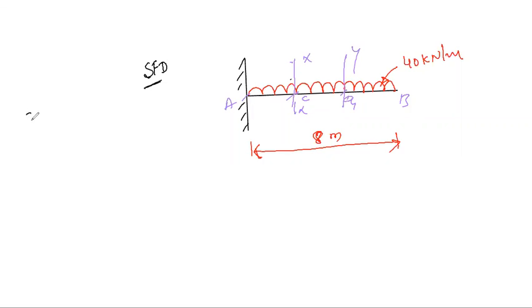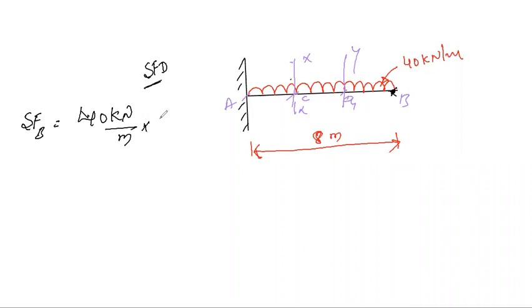For example, the shear force which is acting at point B, what we need to do here, we need to take the intensity of load, that is 40 kilonewton per meter, and the distance at point B. Since we are calculating at point B, on the right side we don't have any other loads, and there is no distance over there.